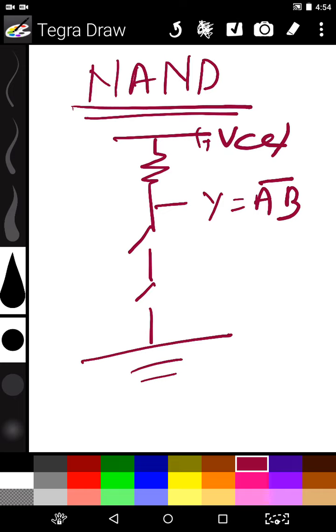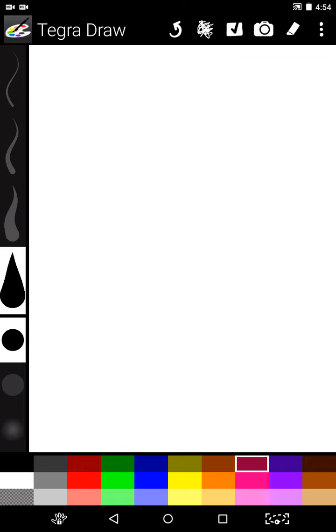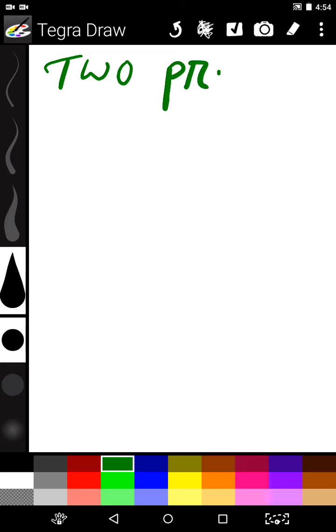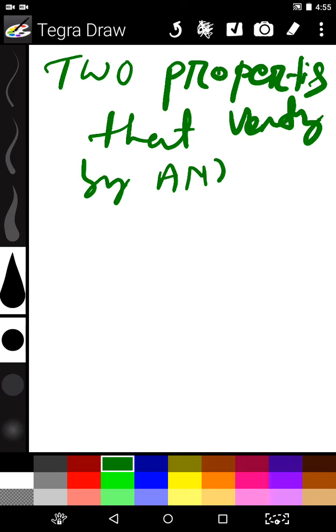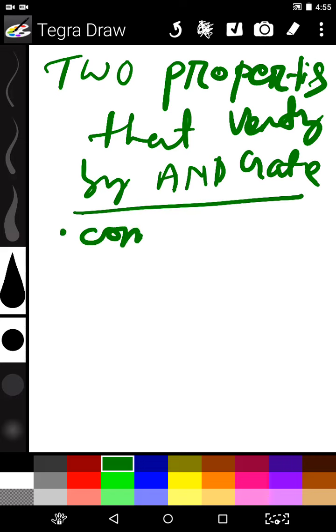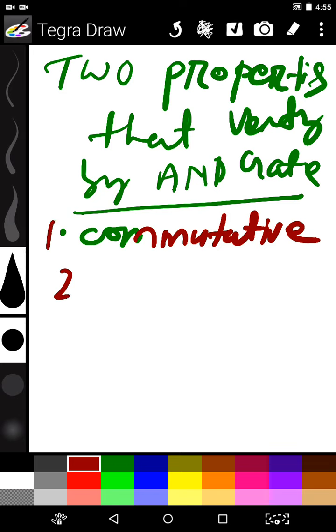Okay, now we go for two important properties that are verified by the AND gate. The first property is the commutative property, and the second is the associative property.